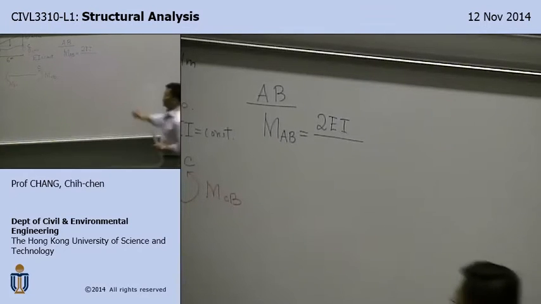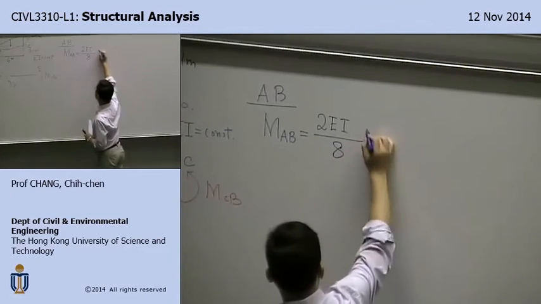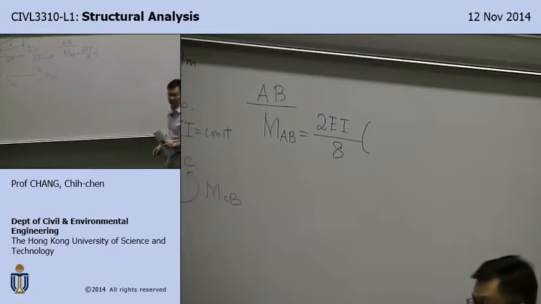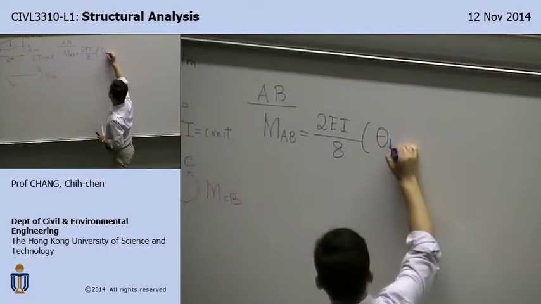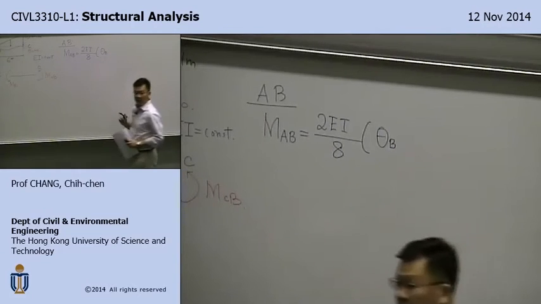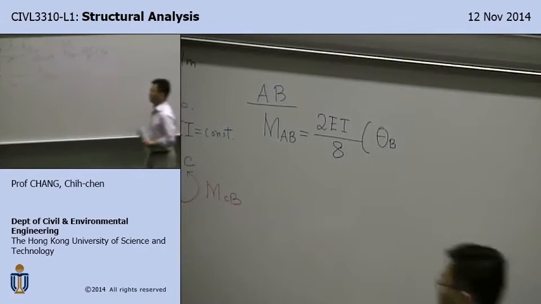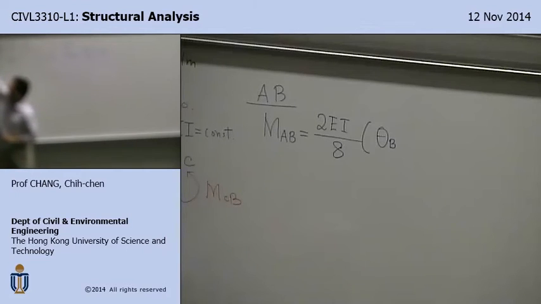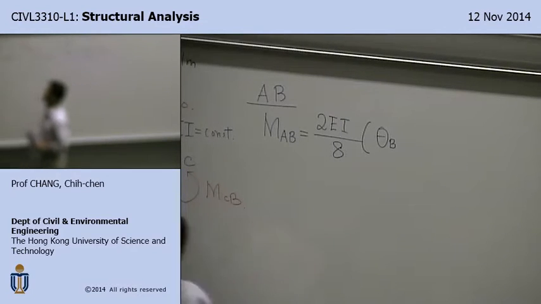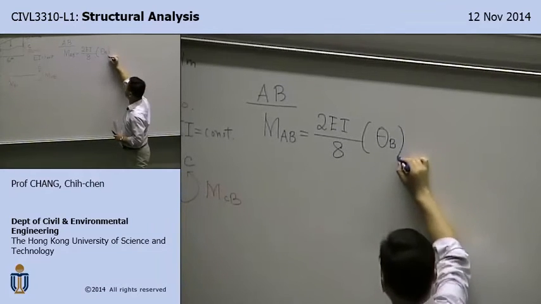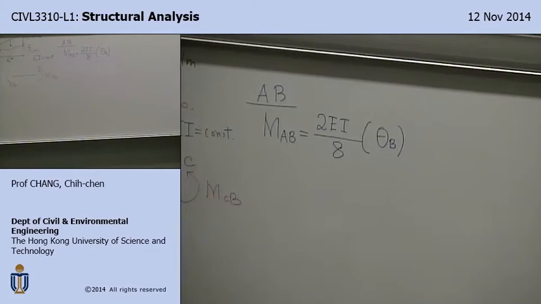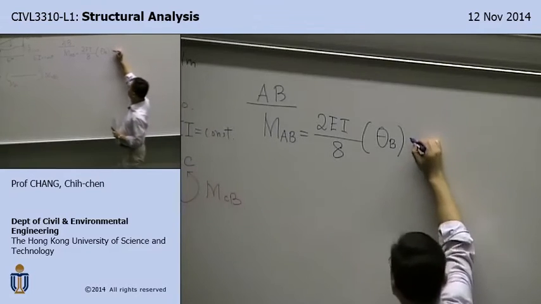L is 8 meters. 2 theta A, theta A is equal to 0. 1 theta B, theta B is not known. And then minus 3 times rigid body rotation angle. You connect the deformed shape. Of course, that line is horizontal, so no rigid body rotation angle. How about fixed end moment?